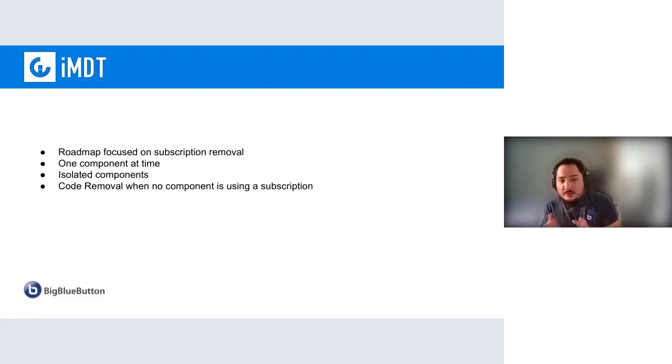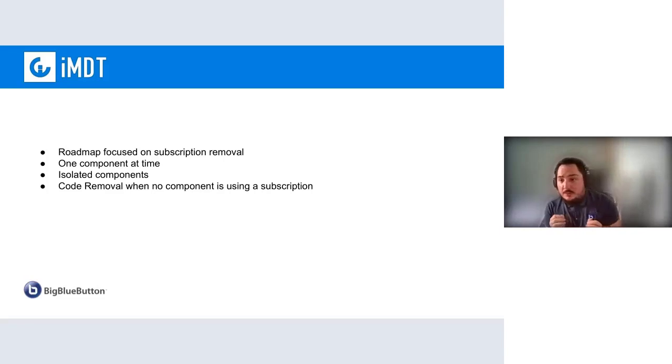So also we have defined a roadmap. The roadmap we made focuses on removing the Meteor subscriptions that we have in the client side, to have the benefits of the new GraphQL architecture.